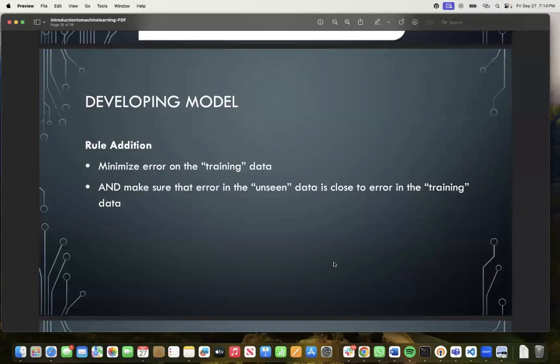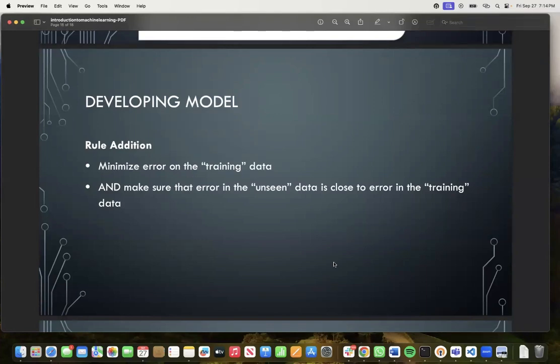So what is the general rule for building a quality model? A quality model is basically a model that has minimum error on the training data, and also minimum error on the test data. So errors on the training data shouldn't be that much. That is good. But then its associated error on the test data too should coincide, they should align.